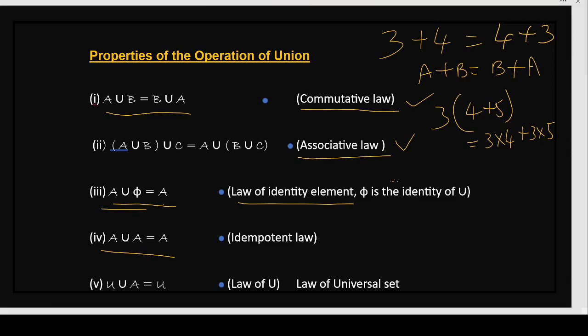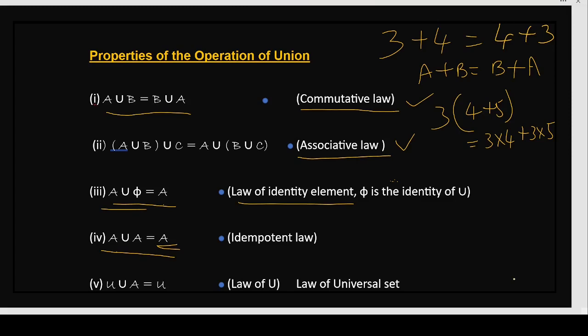That means all the elements of A are added to A and the common elements anyway you are removing them. So the original elements are left with the set. So it becomes only A. This is idempotent law.